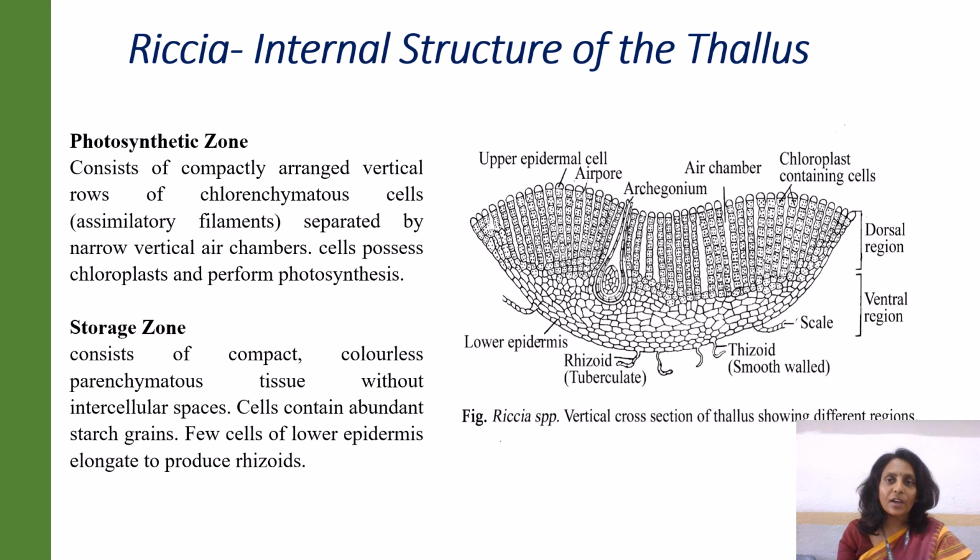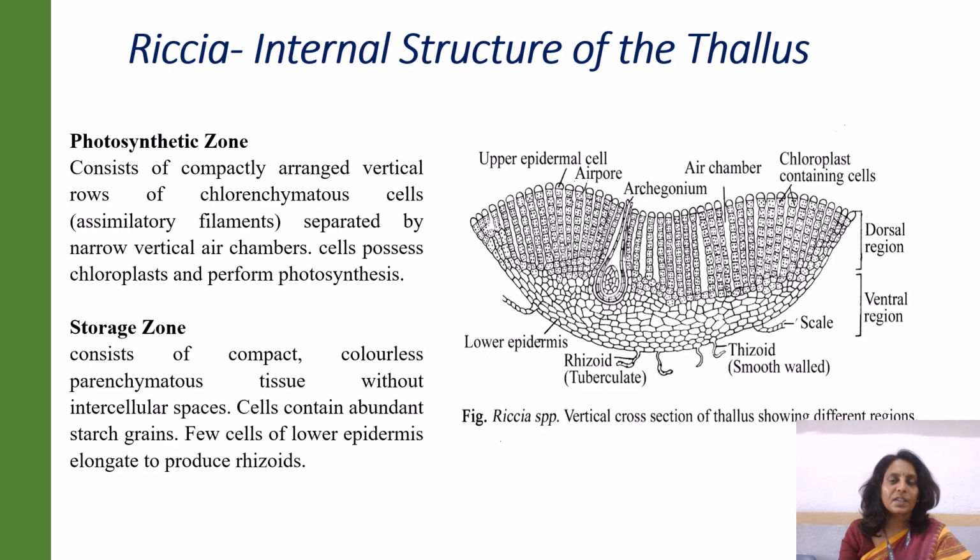The internal structure of the Riccia thallus is differentiated into an upper photosynthetic zone and a lower storage zone. The photosynthetic zone comprises compactly arranged vertical rows of chlorenchymatous cells, which are separated by air chambers.